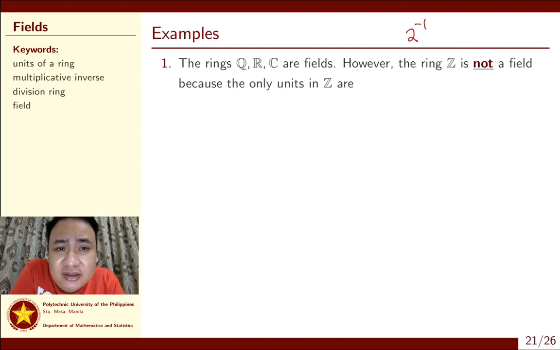Did you get what I mean to say? So 2 is not a unit. 3 even is not a unit. Not even -2, -3, 4. So what are the units? Yes, of course, 1. Because by default, 1 is a unit. Aside from 1, what else are your units? Sige nga.